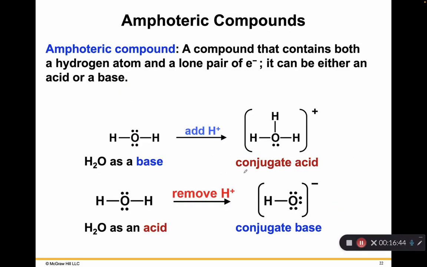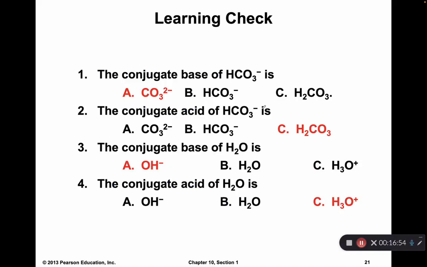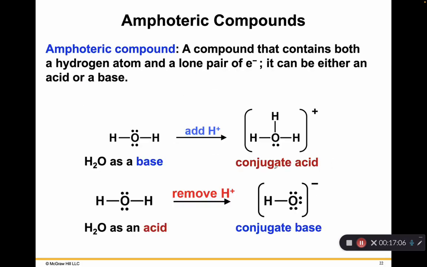Now, let's talk about amphoteric compounds. Something weird you saw in the earlier slide, right? Let me show you here. I have HCO3. Sometimes it was acting as an acid. Sometimes it was acting as a base. I had water. Sometimes it acted as an acid. Sometimes it acted as a base, right? Because these guys are special.